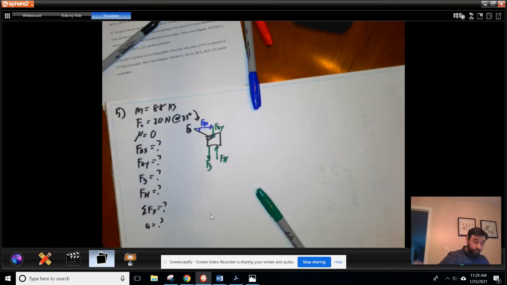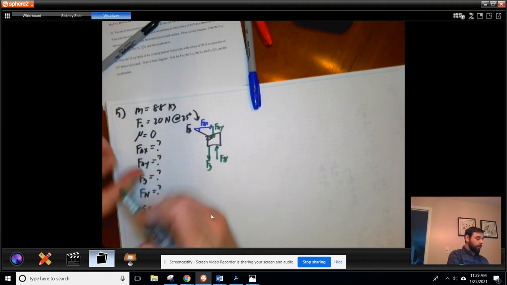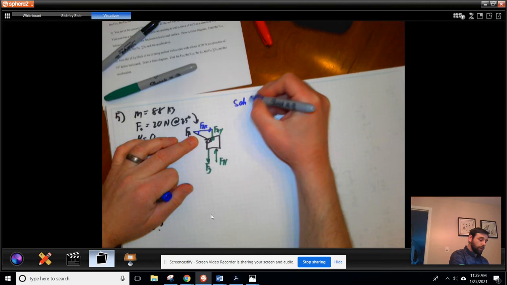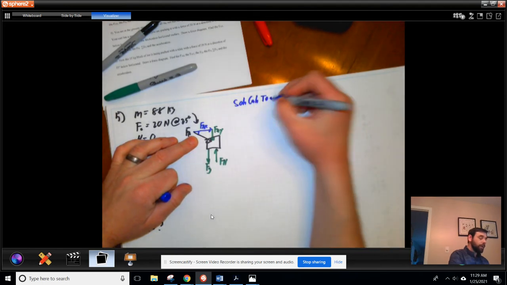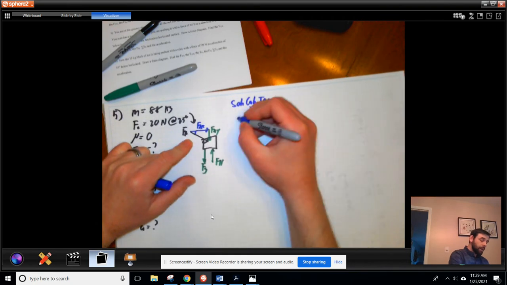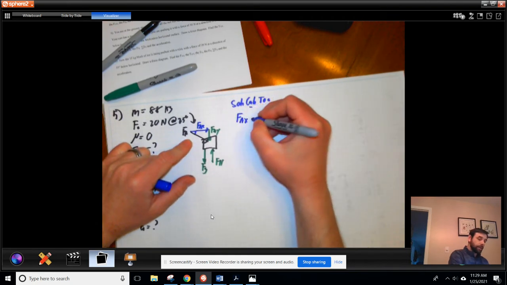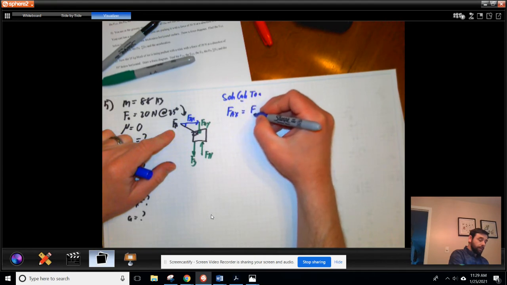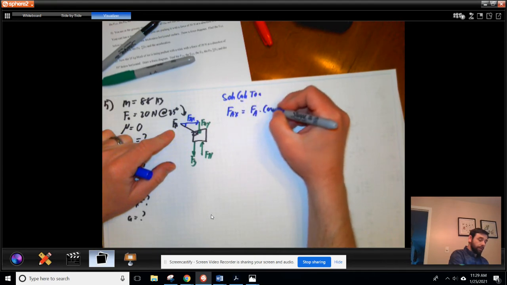So, let's go ahead and begin. We are first asked for our FAX, obviously. So, that's the adjacent leg, so that's going to be cosine function. FAX is going to be equal to FA times the cosine of theta.